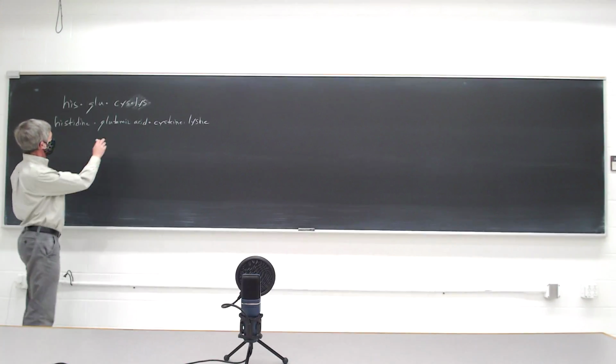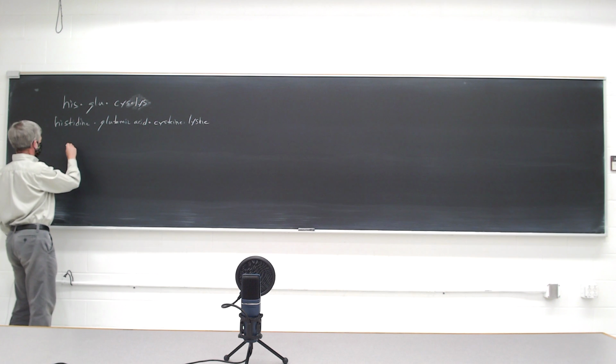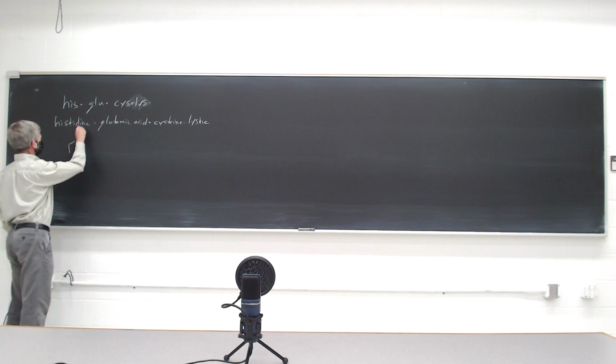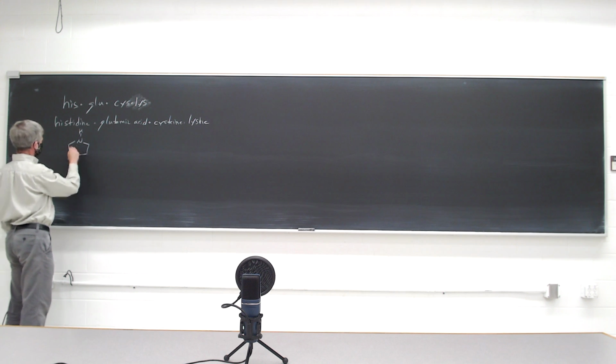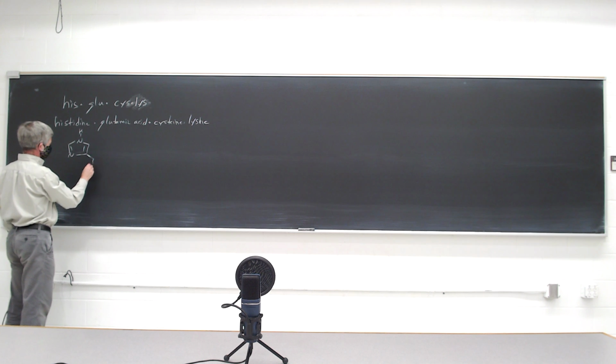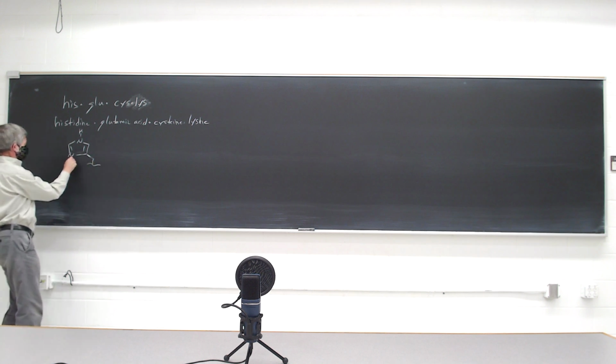So it's histidyl, glutamyl, cysteine, lysine. Histidine is the one with the imidazole side chain. So it's got this group, CH2 group. And it can be protonated here.